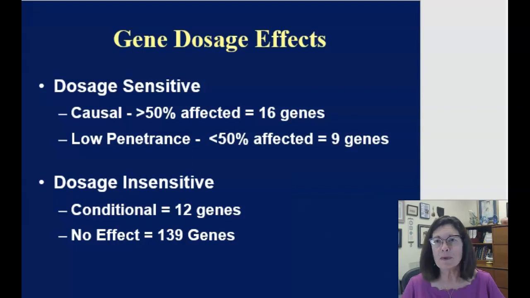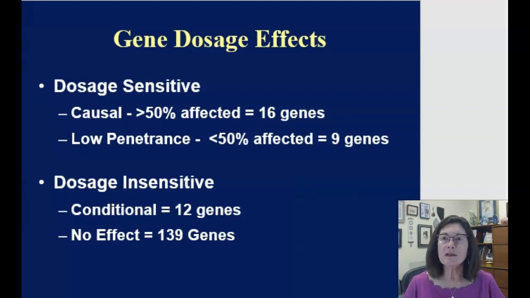So it's still not everybody for most of those. And 9 of those that we call dosage sensitive cause a problem in less than 50% of the people who have a deletion of that gene. So there's a lot of variability even among the dosage-sensitive genes. And as well, the dosage-insensitive genes.